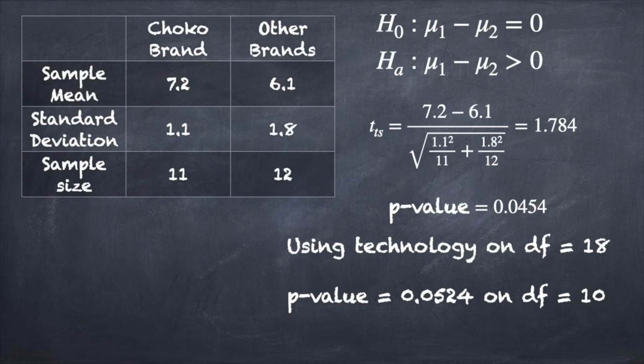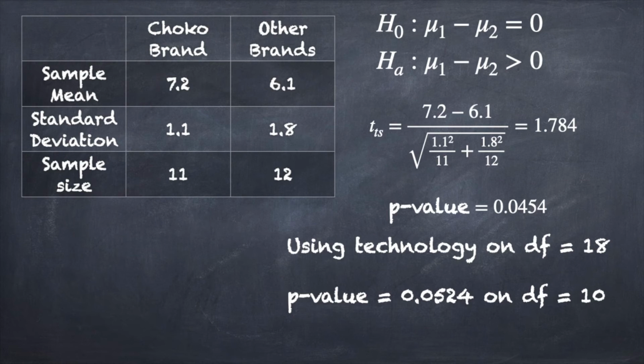But using 10 degrees of freedom, the smaller of the two sample sizes minus 1, the p-value is 0.040524. And notice that we get two different results based on our significance level of 0.05.